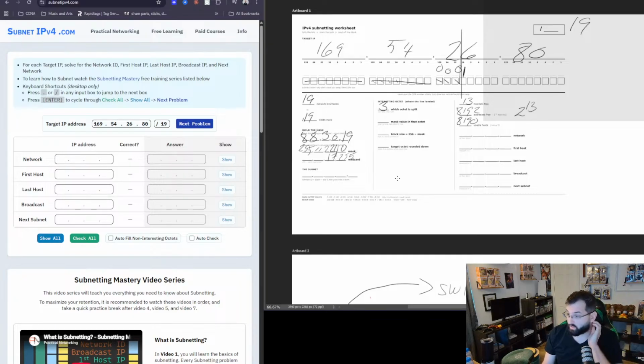So then where I struggle was to figure out this thing, the target octet rounded down. But I feel like that's what he just kind of did in the video to make things easier. So the host has got to be 169, 169. That's easy.